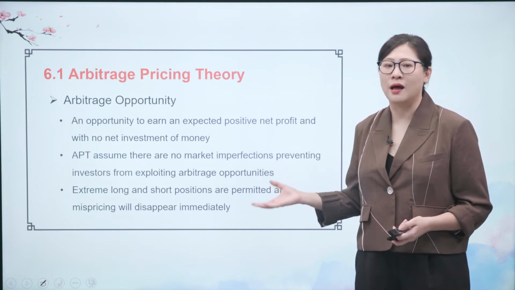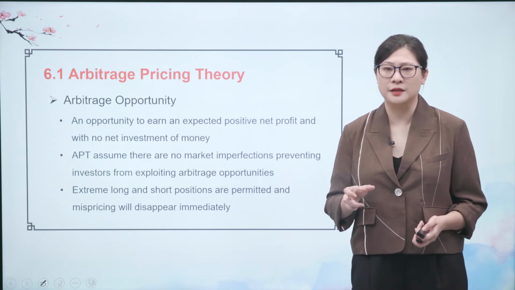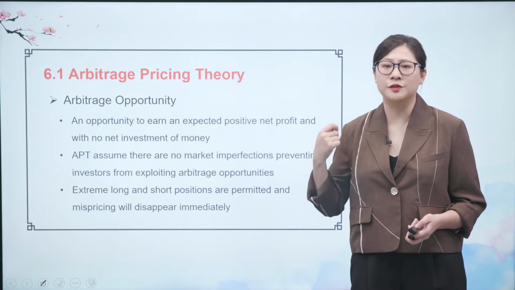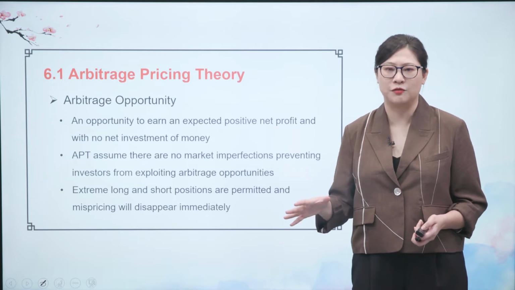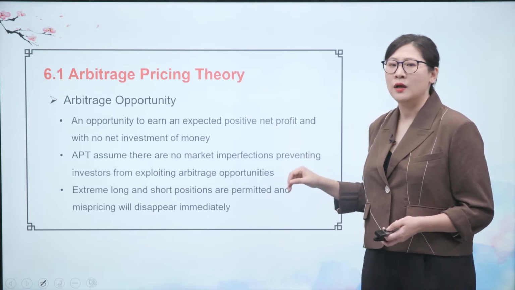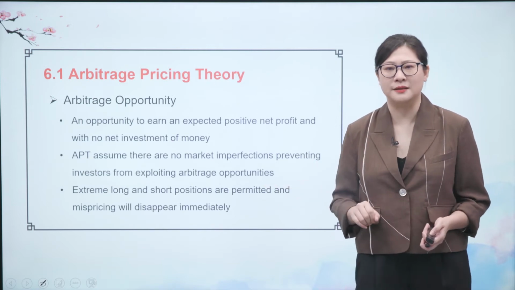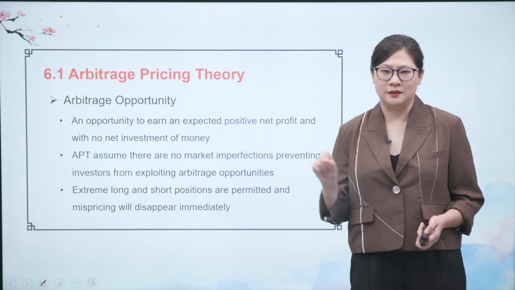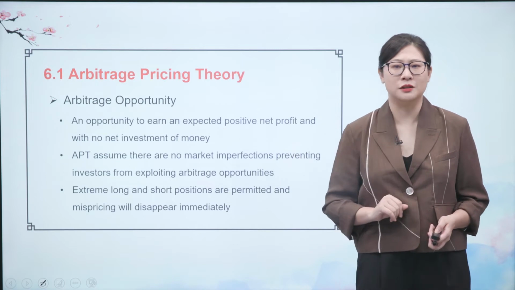This extreme long-short position means that when investors find that opportunity, they can buy or sell enough stocks. So in the market, you can find enough stocks for that. And finally, the mispricing will disappear immediately. So maybe in a second, this mispricing will disappear. So that's the arbitrage opportunity.